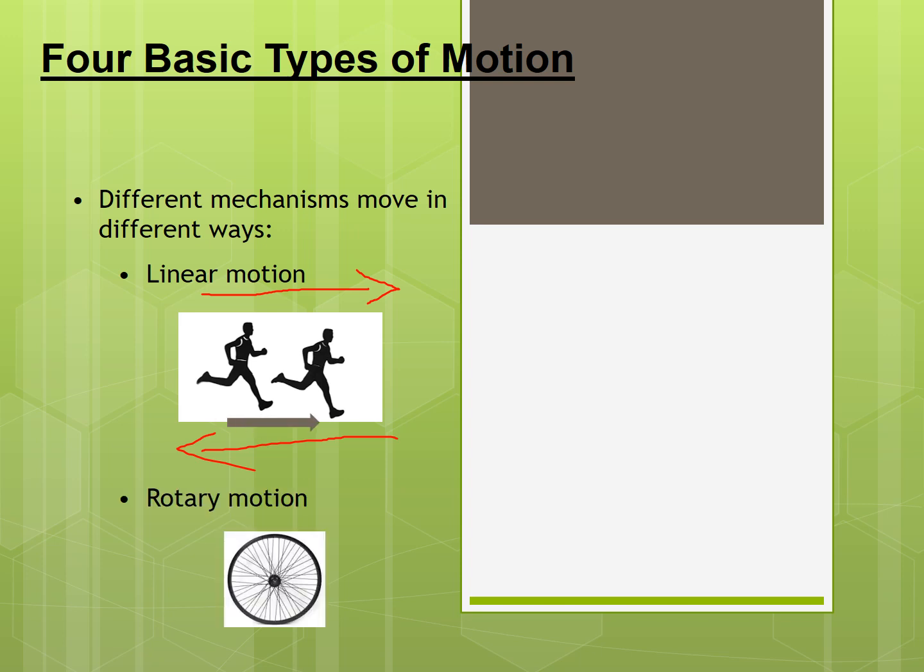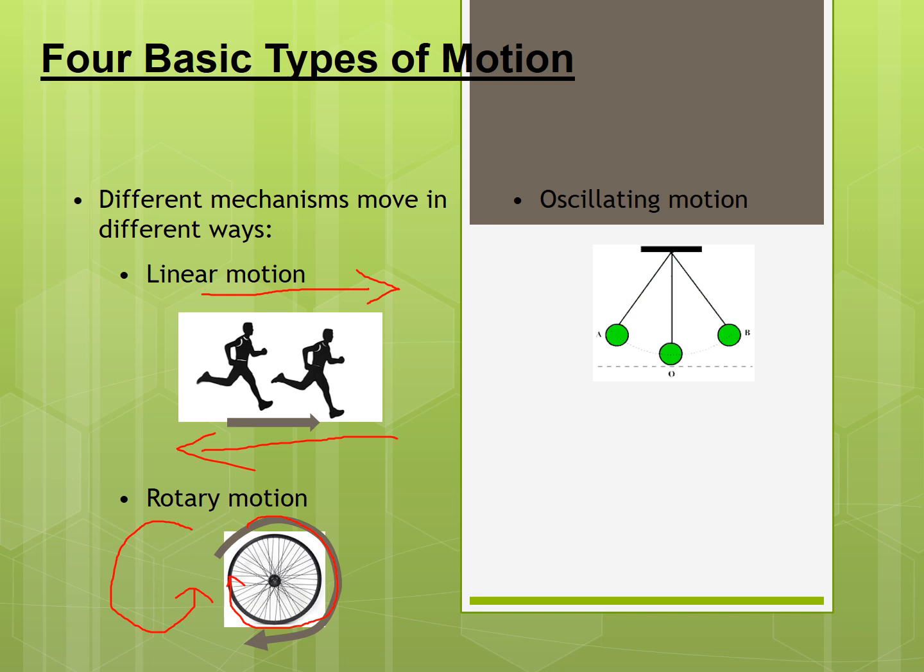The second motion is called rotary motion. You can either go clockwise or anti-clockwise. So that is called rotary motion. The third type of motion is what we call the oscillating motion, which has to start from one point, swing around to the other side, and it must come back to the same point where it starts.